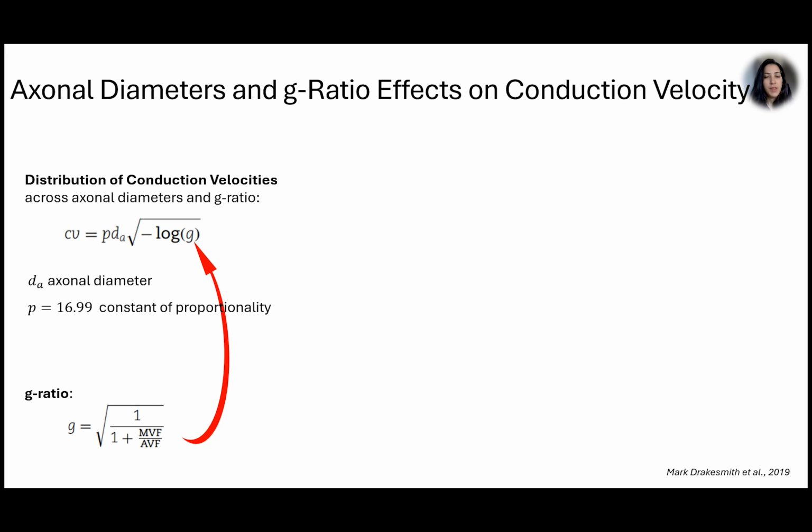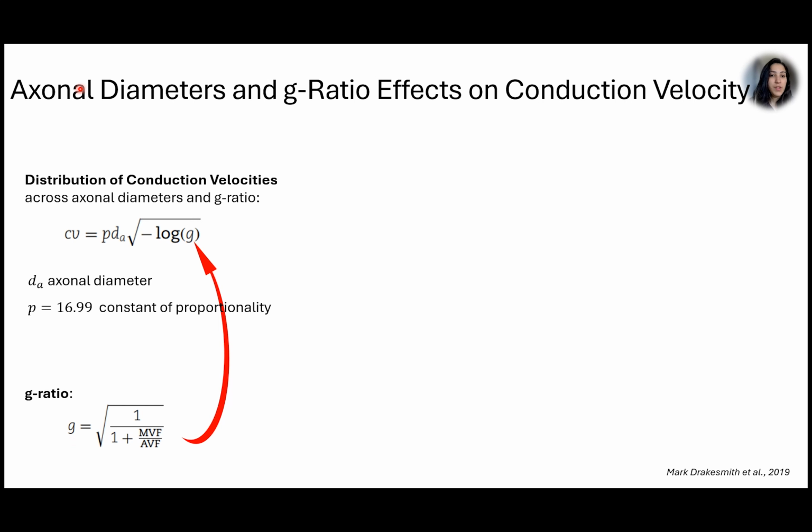There are some researchers, such as Mark Drakesmith, who have been really involved in computing and improving ways of calculating conduction velocity. And as we can see here, the mapping of conduction velocity to axonal diameter appears approximately linear, while the mapping to G-ratio follows an inverse log square root function.